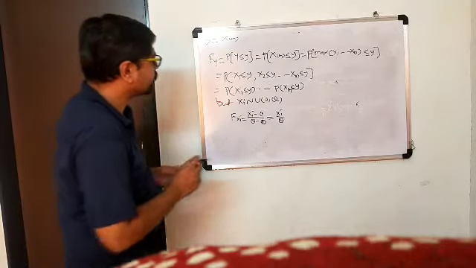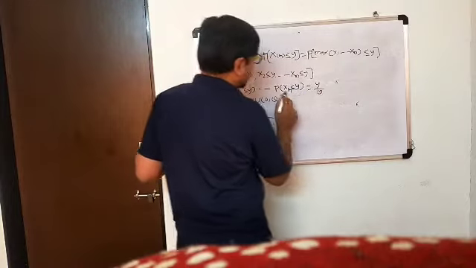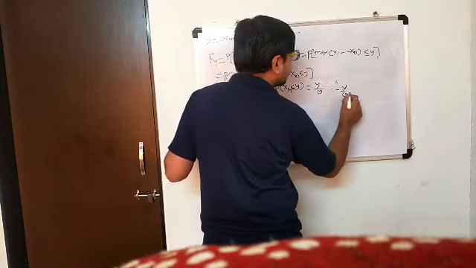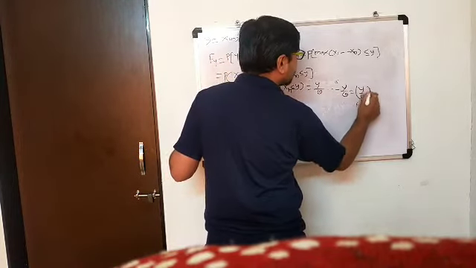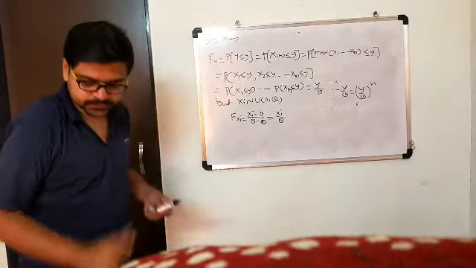So X1 less than or equal to y has probability y by theta, and Xn less than or equal to y is y by theta. So (y by theta) raised to n is the distribution function of X ordered n.